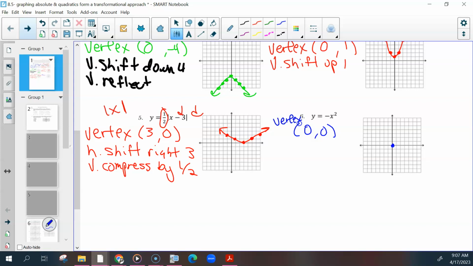What did happen though? Vertical reflection. Vertical reflection because of that negative. It is a x squared, so that's your quadratic, and it's just going to flip upside down.